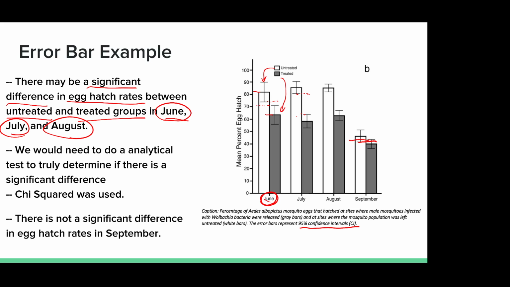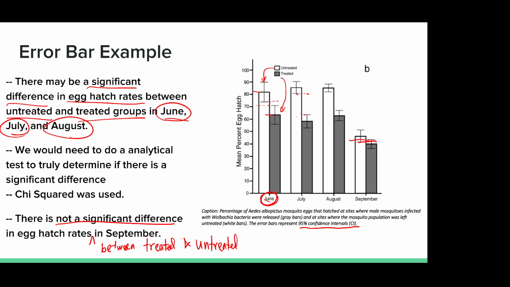Therefore, we can say there is not a significant difference between egg hatch rates between the untreated and treated groups in September.